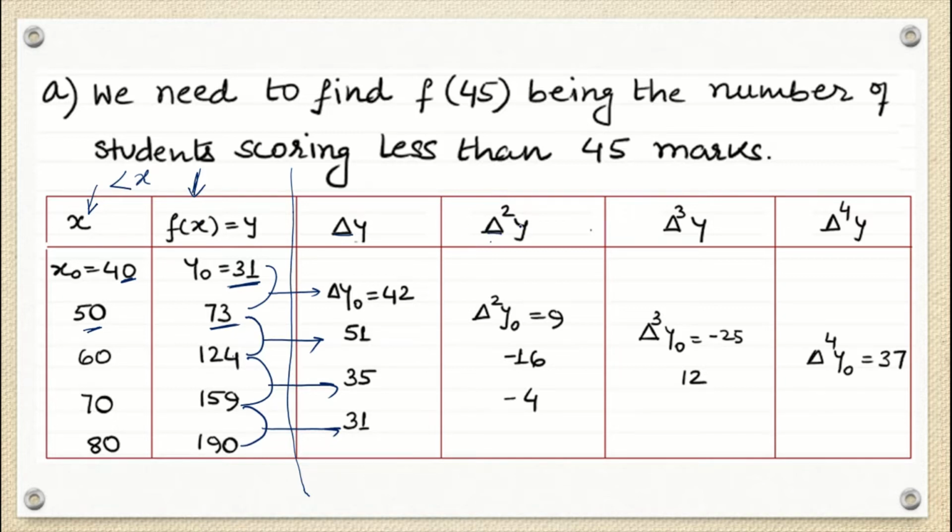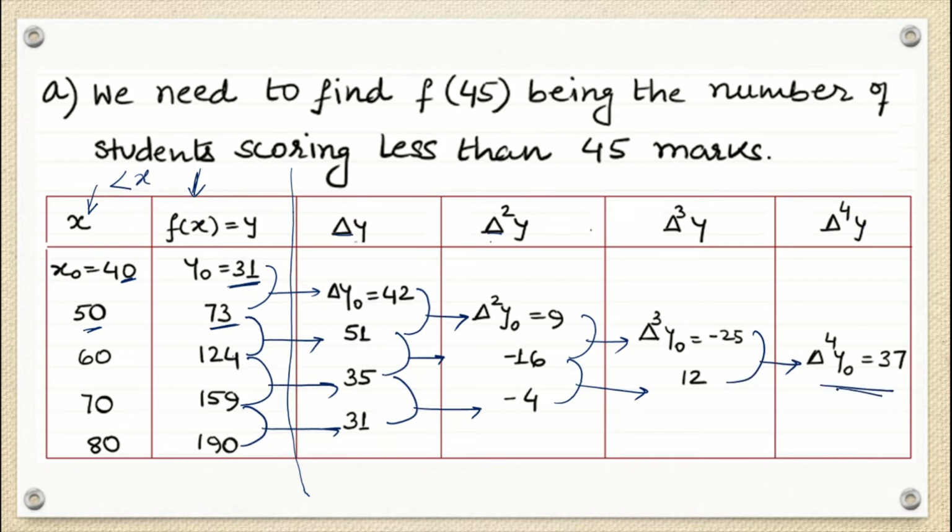Delta 2y contains the difference between 51 and 42, then 35 and 51, which is negative, and that is also okay, then 31 minus 35, which is minus 4. We have discussed these things in previous classes. Finally, we have reached delta 4y.